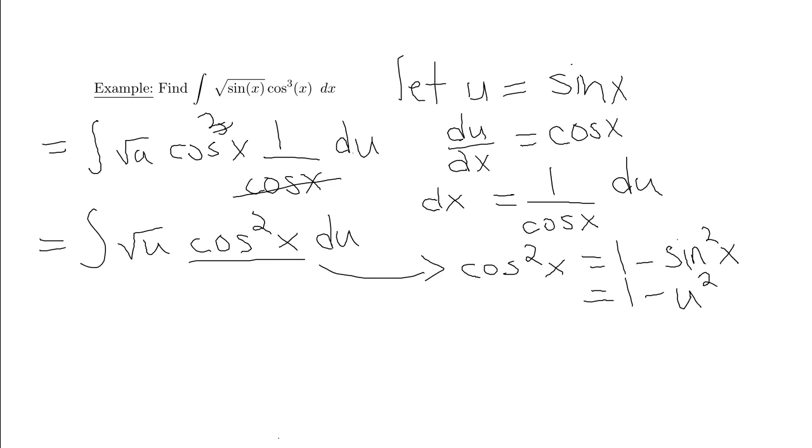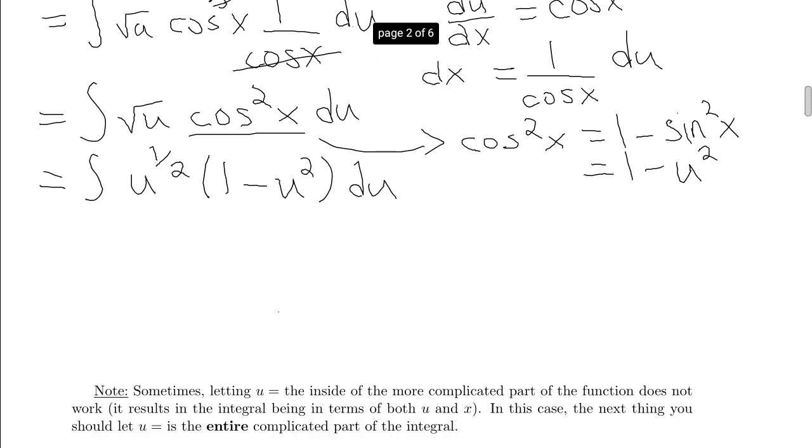So what we actually have here is the antiderivative we're trying to find of, I'm going to rewrite this square root as a u to the 1/2, and this cosine squared of x is actually equal to 1 minus u squared. And so now my integral is entirely in terms of u.